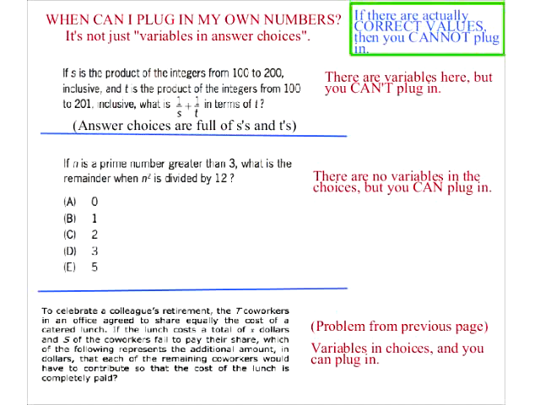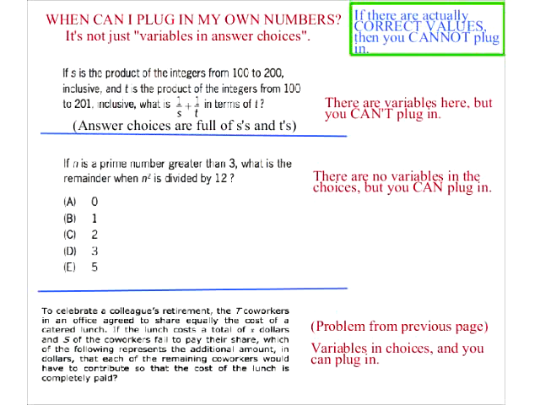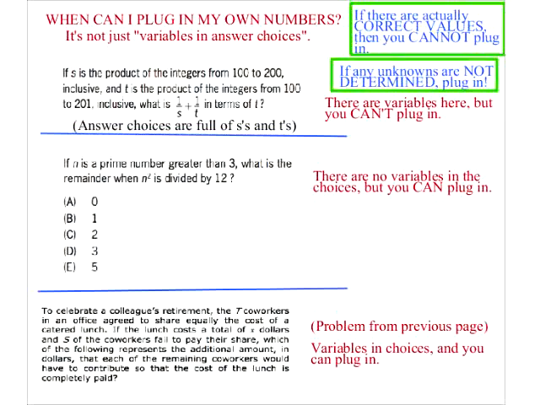But if there's anything undetermined, like if there's any values that don't exist or that can have whatever values you want them to have, then you can. So if any unknowns are not determined, then you can plug in. So in this problem, even though there are S's and T's all over the place, they're not variables, because S is a hard number.